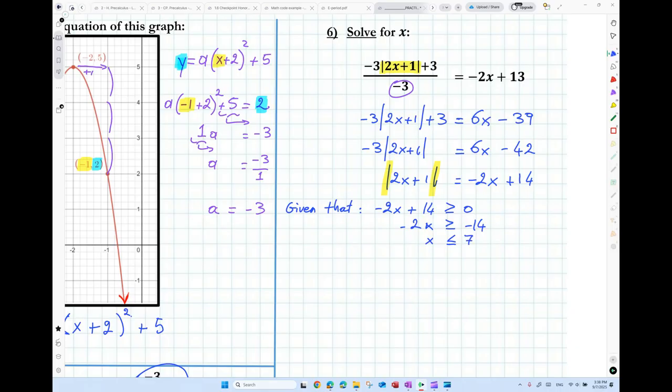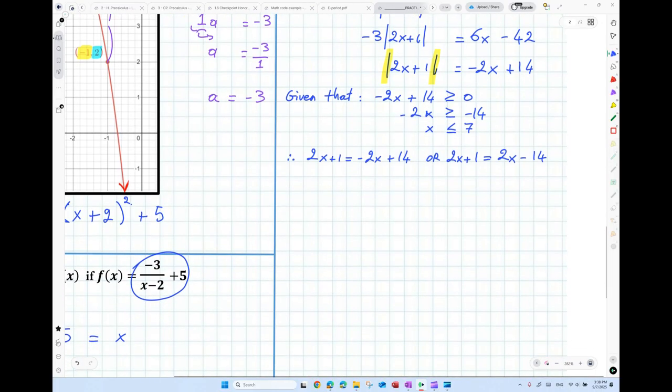Now, given that, the absolute value equation becomes 2x plus 1 equals negative 2x plus 14. I just remove the bars. Or, not only will I remove the bars, but I'm going to change the sign on the other side. And I'm going to solve them all.